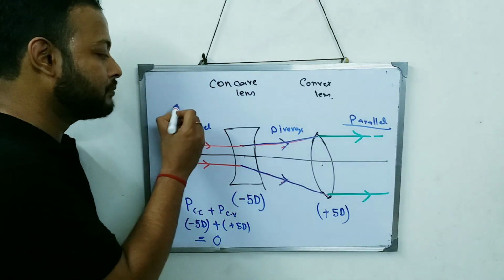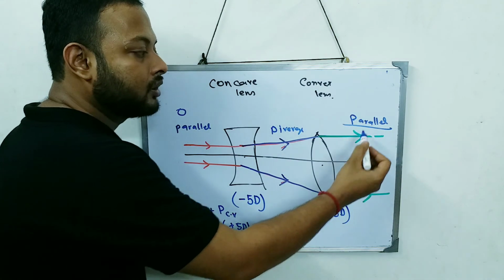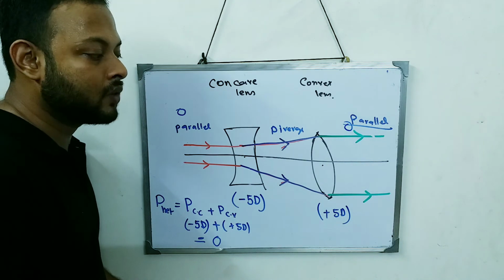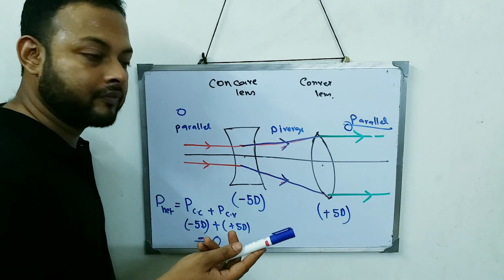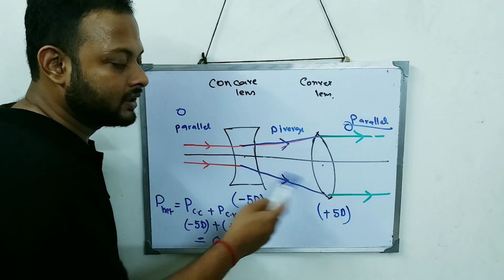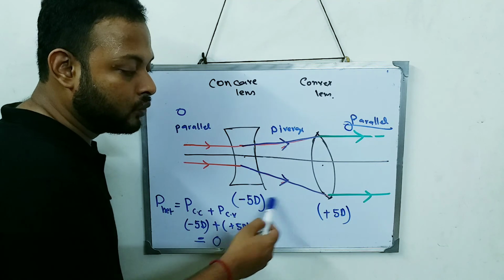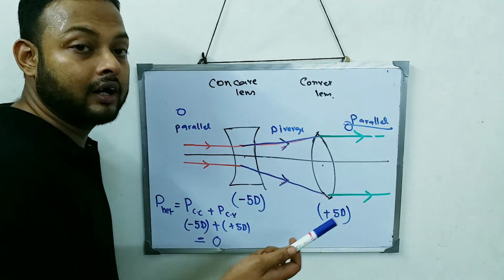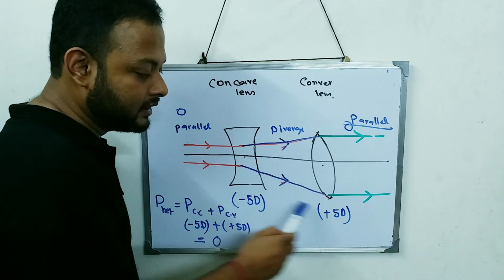So when you put two lenses one after the other, the resultant power will become 0 if the two lenses are of equal magnitude but of opposite signs. One is minus and one is plus, so they will resultantly cancel each other.